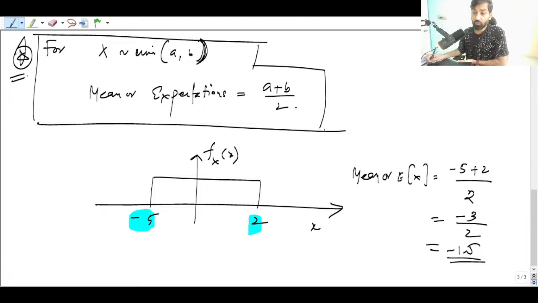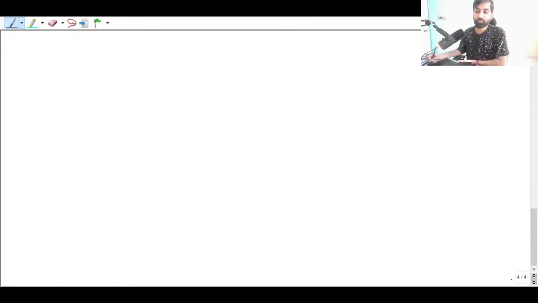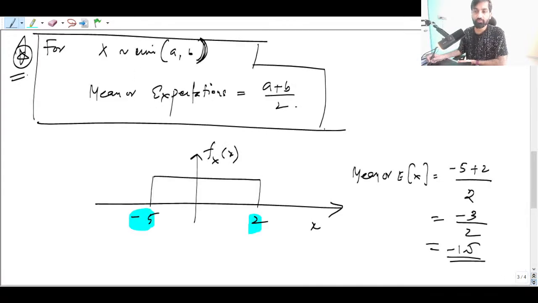Understand? So sometimes what happens depends upon whether x is negative here. If x is positive, if the random variable takes positive values, your expectation will always be positive, that is for sure, because your density function is always non-negative, right? So remember this situation, and don't get worried about getting a negative expectation here.